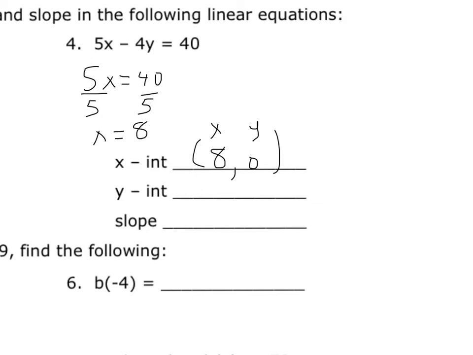Okay. And to find the y-intercept, we're going to substitute 0 in for x and solve for y. So 5 times 0 is 0, so I'm left with negative 4y equals 40. I'm going to write that down and solve for y. So divide by negative 4.